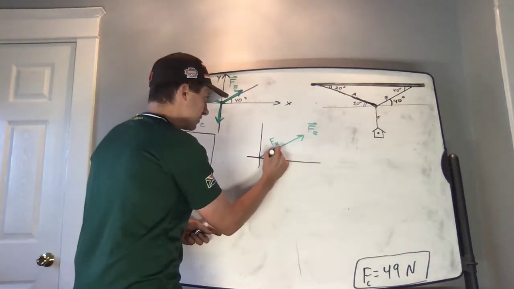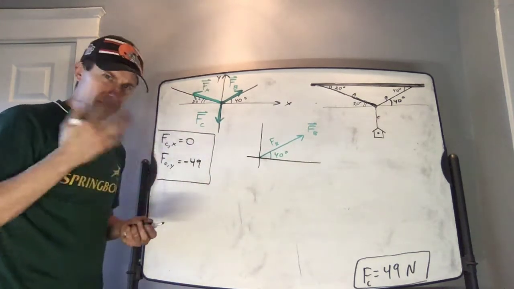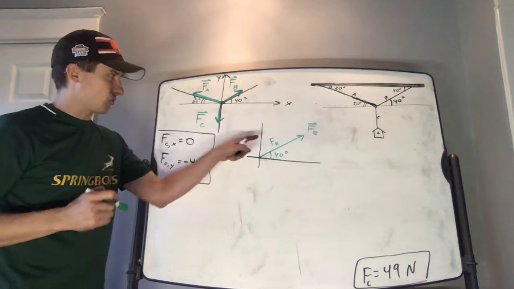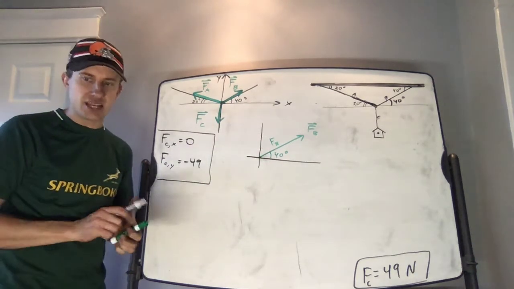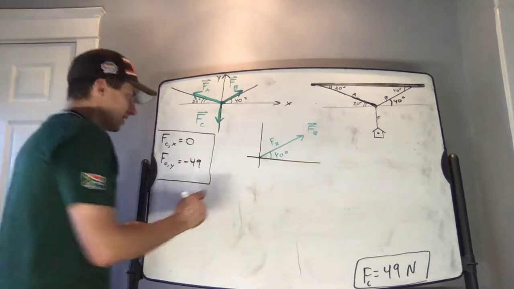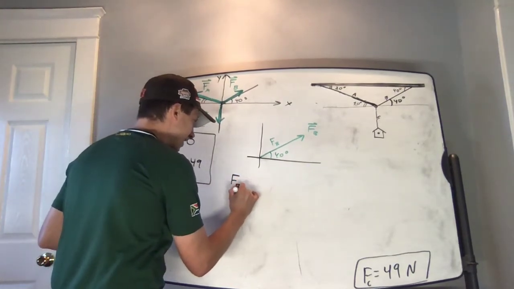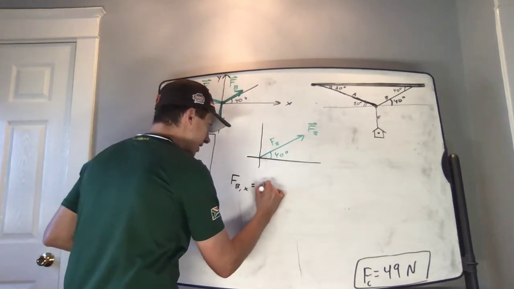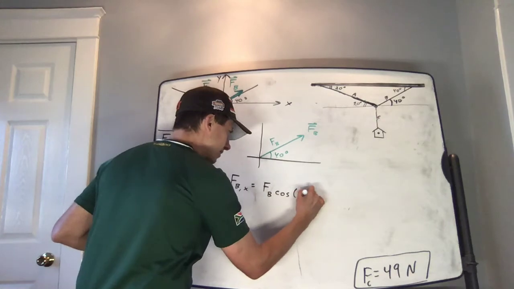We also know that this is an angle of 40 degrees. So even though I don't know the strength of this force vector, I could still say something about it. I could still say that FB in the X direction is going to be FB cosine 40.